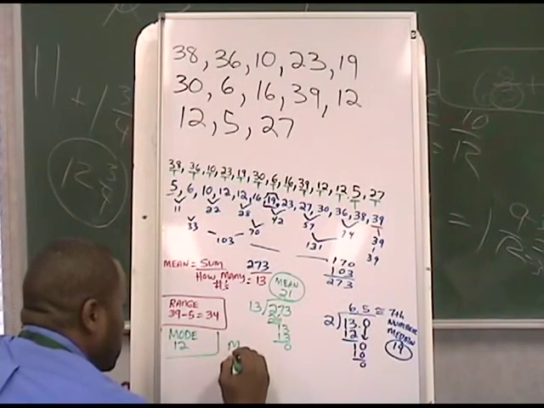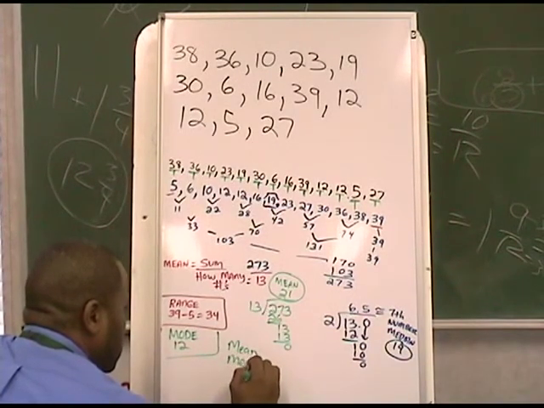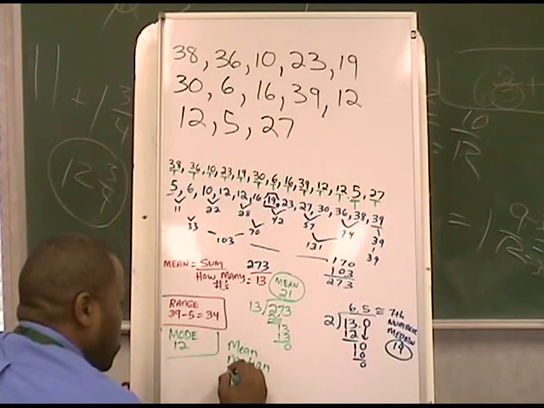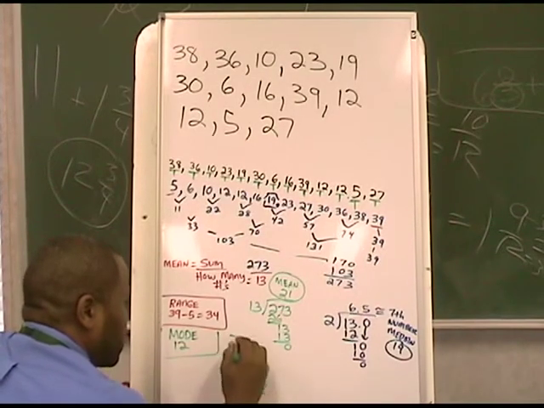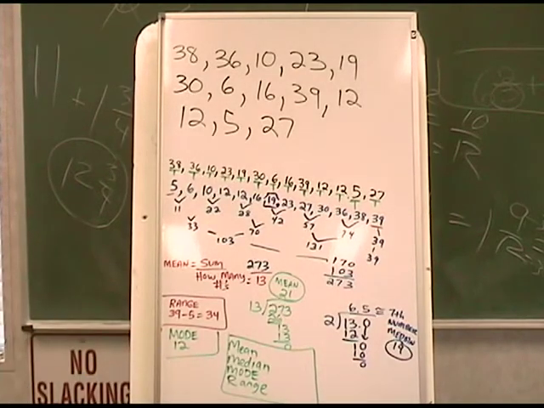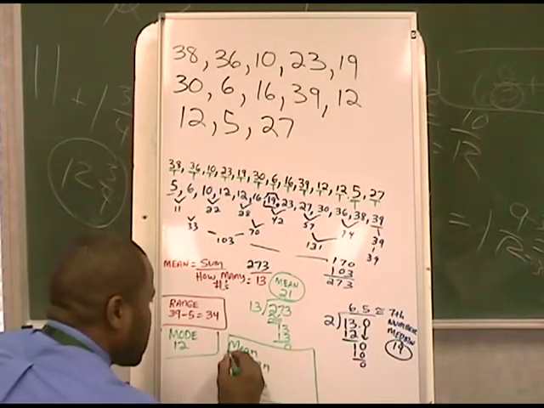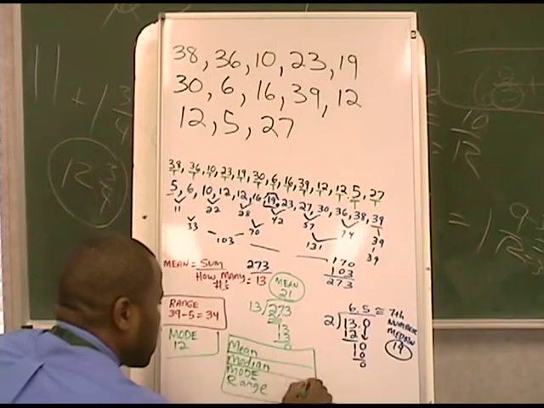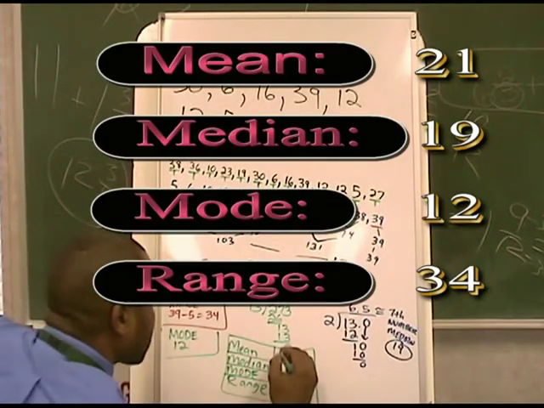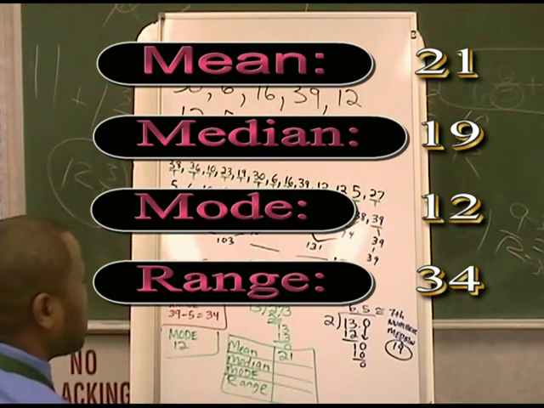So mean, median, mode, and range. Our mean is 21.